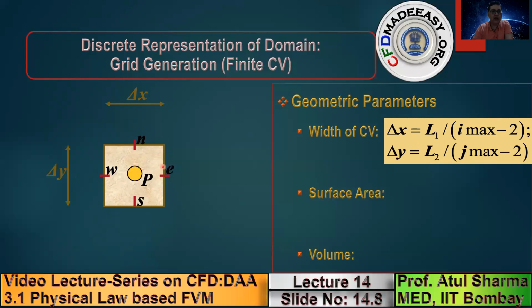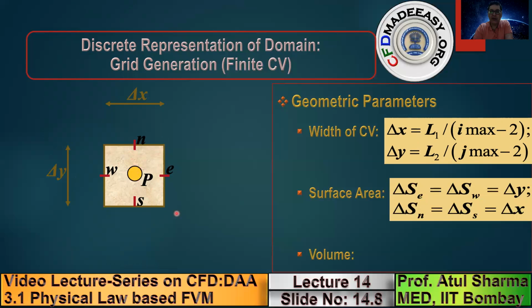So these are the various surfaces: east, west, north, and south. The east and west surfaces are vertical surfaces, and their surface area is delta y. The north and south are horizontal surfaces, and their surface area is delta x, as shown. Now the volume of this Cartesian control volume is delta x into delta y.